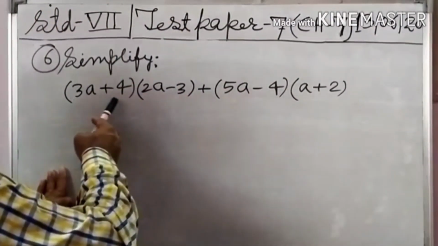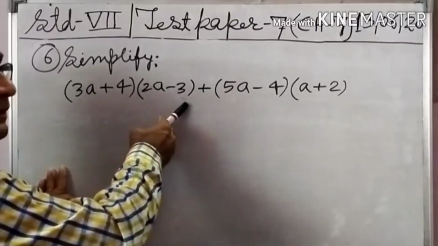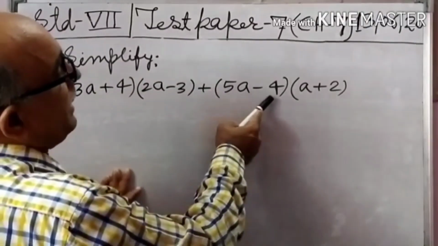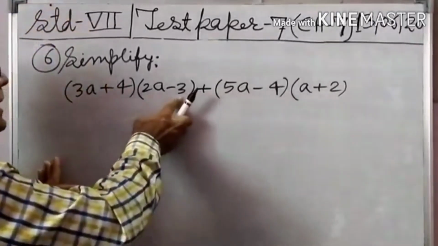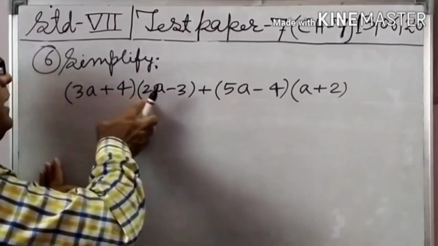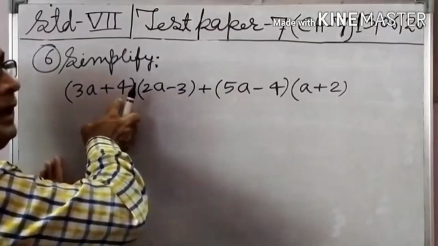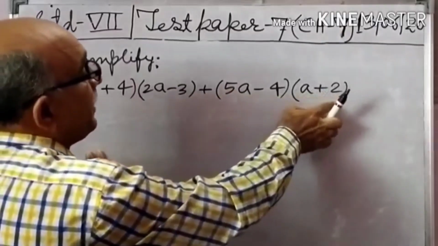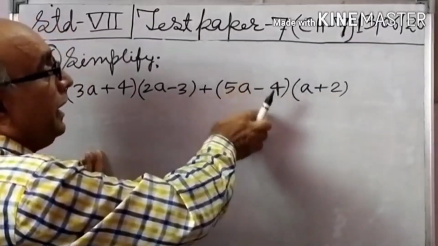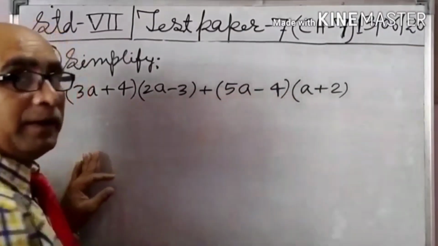Next question is 6. Simplify 3a plus 4 into 2a minus 3 plus 5a minus 4 into a plus 2. First of all, 2a minus 3 multiplied by 3a. After that, 2a minus 3 multiplied by 4. Similarly, a plus 2 multiplied by 5a. After that, a plus 2 multiplied by 4.